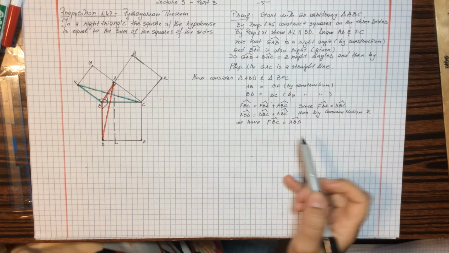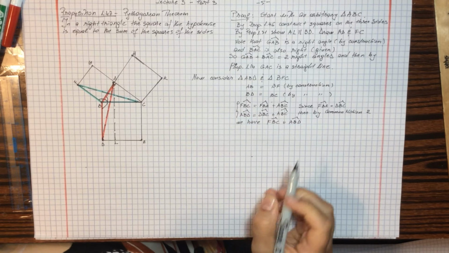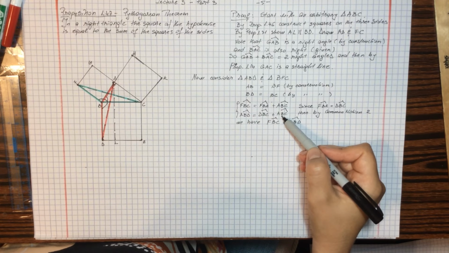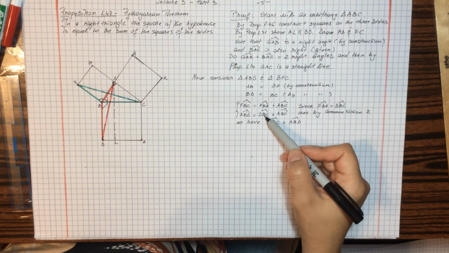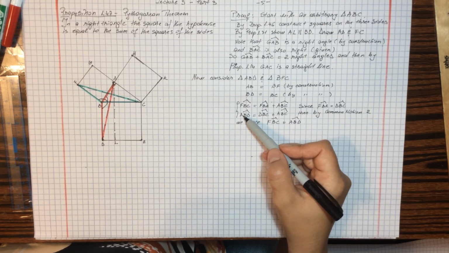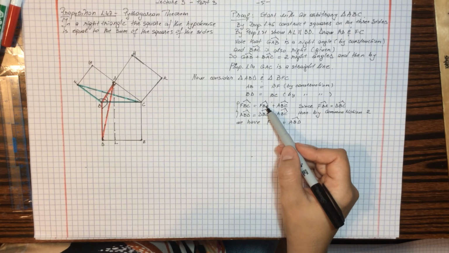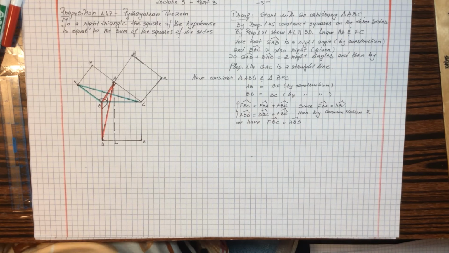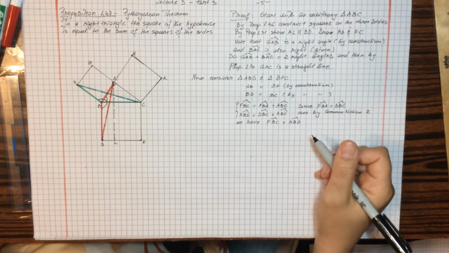I'm simply looking at this system of these two statements. So ABC is the same. These two are equal to one another because they are right angles. Therefore, by common notion 2, these two are equal. If equals are added to equals, what comes up is still something equal to the other one.